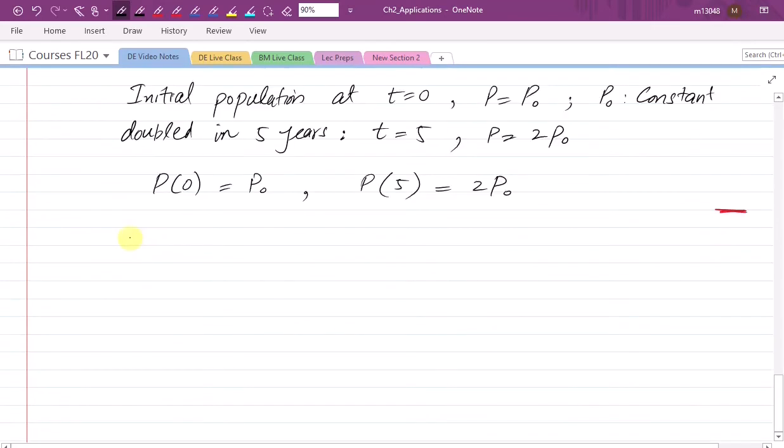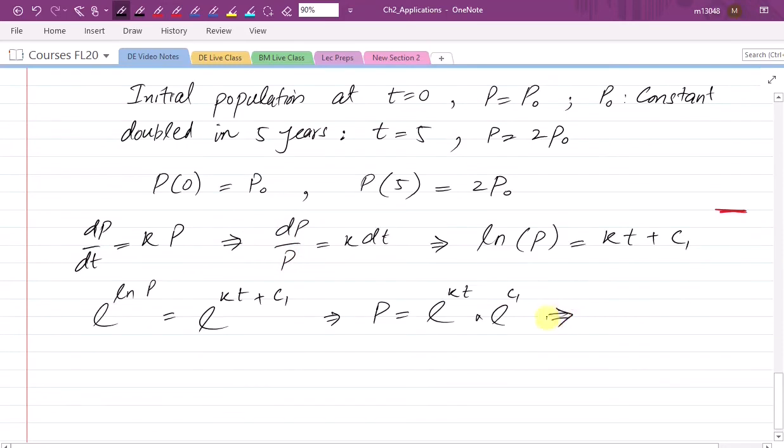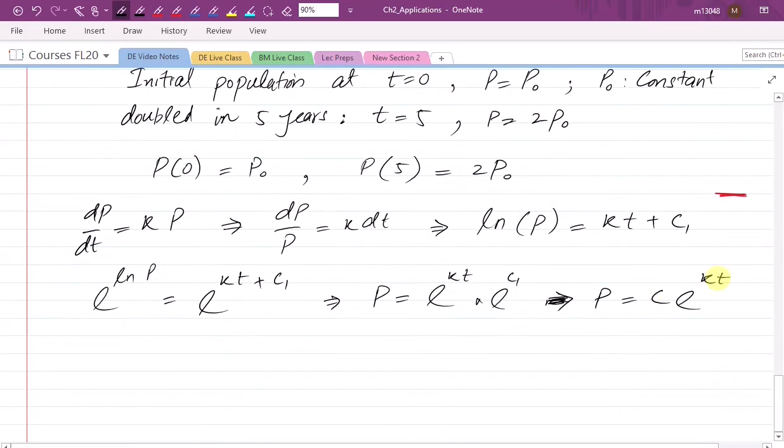Okay, let's solve the equation. dP by dt equals k times P. Clearly it is separable, where we can rename the second constant and write C e power kt. Right, so now we have two unknowns here, C and k, but we also know two conditions.